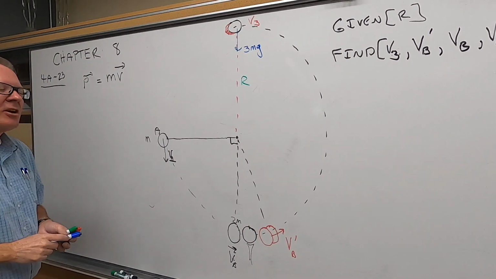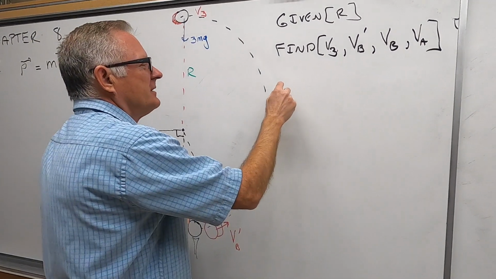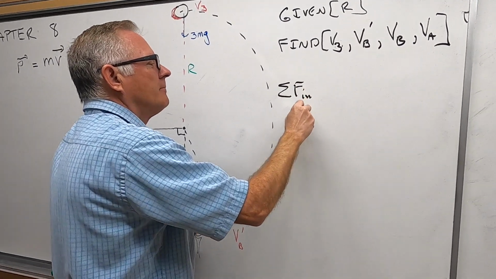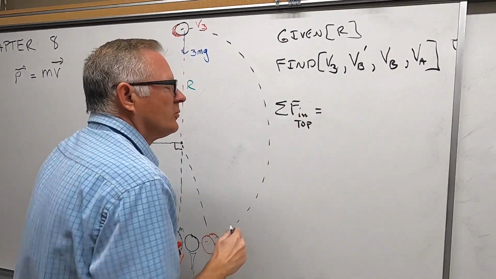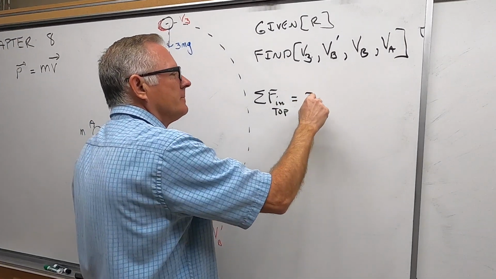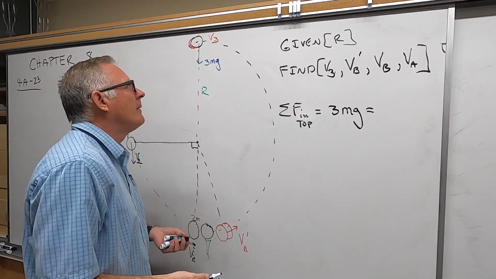Since that's the only force acting on it, we can look at the sum of the forces at that point. The sum of the forces inward at the top, since we're looking at the minimum speed, is just 3mg. And since we're going in a circle, it's equal to mv squared over r.